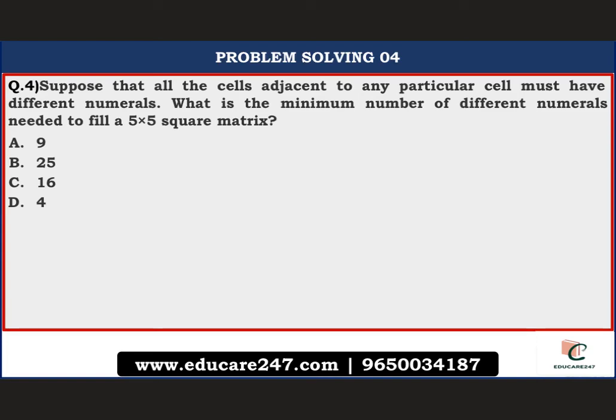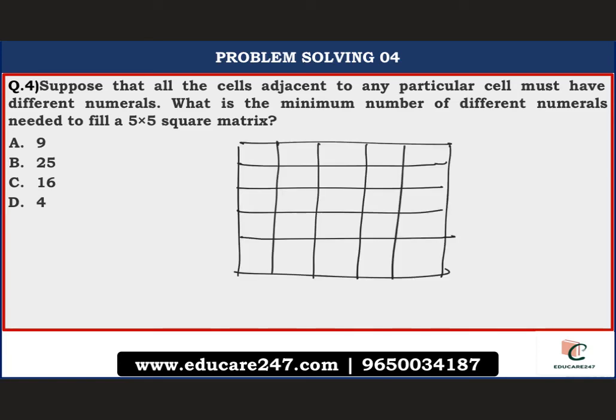This should be the easiest question of this set, because so let's suppose this is a 5 by 5 matrix, right? Now all the cells adjacent to a particular number should be different. So if suppose I place 0 over here, so we can have all of the cells around this as 1 2 3 4 5 6 7 8, right?